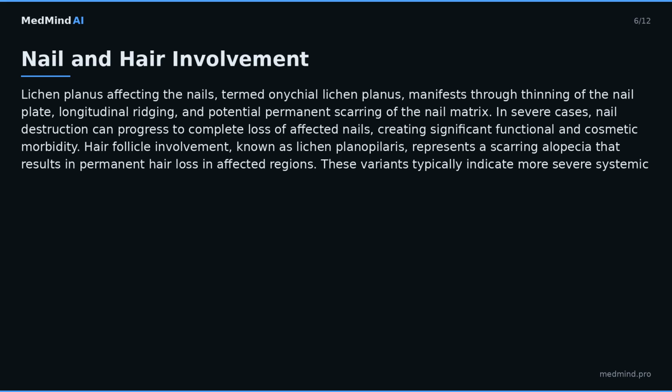Hair follicle involvement, known as lichen planopilaris, represents a scarring alopecia that results in permanent hair loss in affected regions. These variants typically indicate more severe systemic disease and often correlate with significant pruritus and discomfort. The irreversible nature of follicular and ungual damage underscores the importance of early diagnosis and aggressive treatment in patients demonstrating these manifestations.